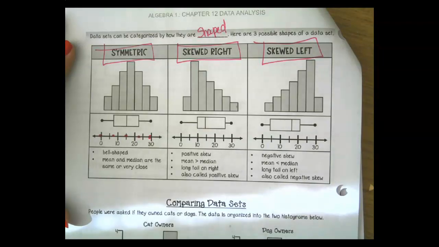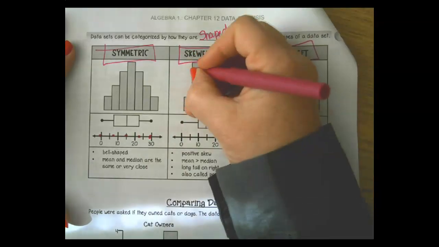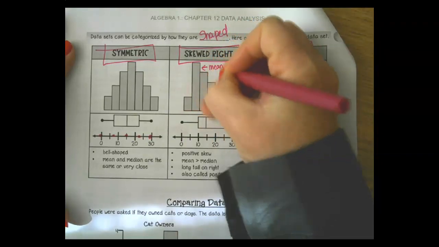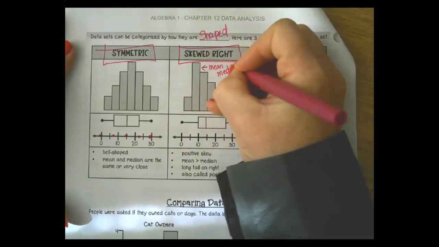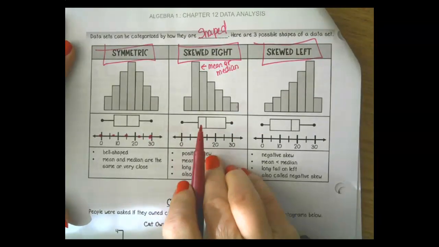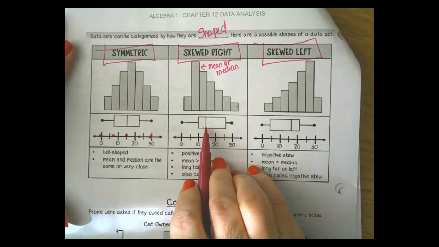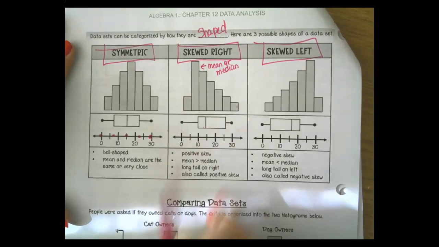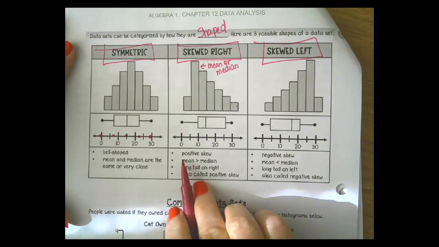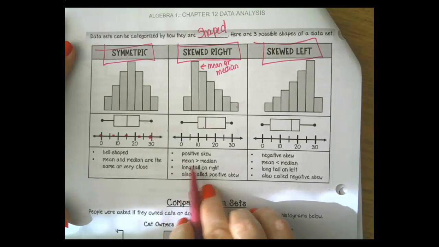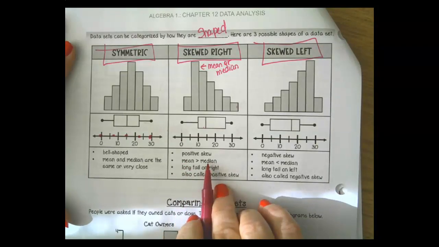This one is skewed to the right. Here's our mean and median right here, and you can see this box is also skewed, so that median is skewed here. In a box plot, this is what it looks like. It has a positive skew. The mean is greater than the median.